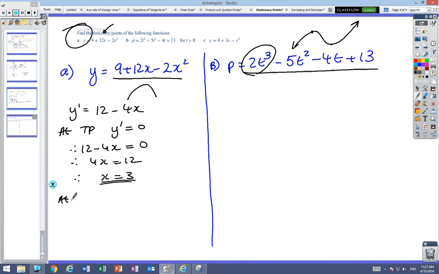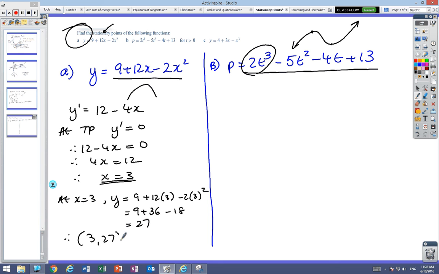So at x equals 3, y equals 9 plus 12 times 3 minus 2 times 3 squared, equals 9 plus 36 minus 18, since 3 squared is 9, and that equals 27. Therefore (3, 27) is the turning point.